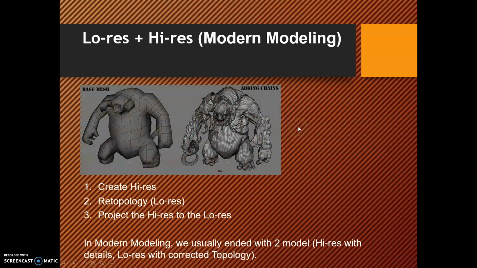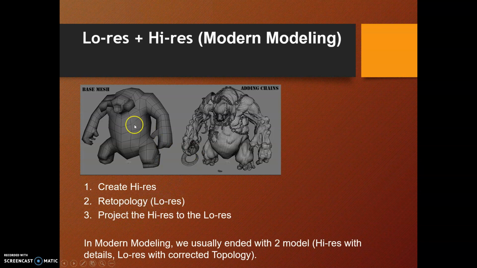Again, this is just a comparison between the low res and the high res in the more modern modeling method. With the modern method, you start with the high res like this, where everything is detailed. Then you move your way to your base mesh. From that you have to do some retopology work, which may require time.